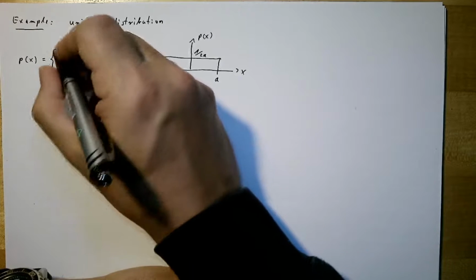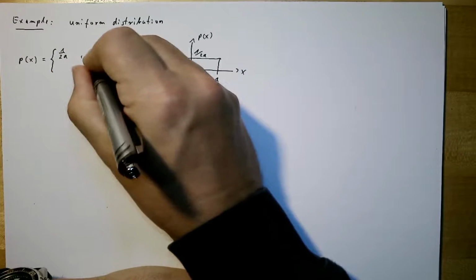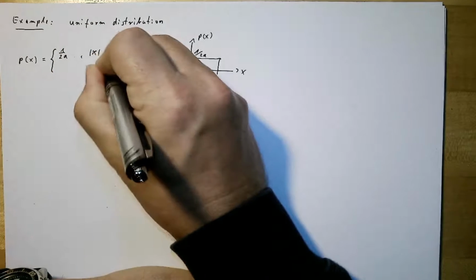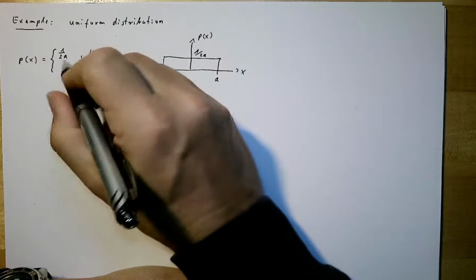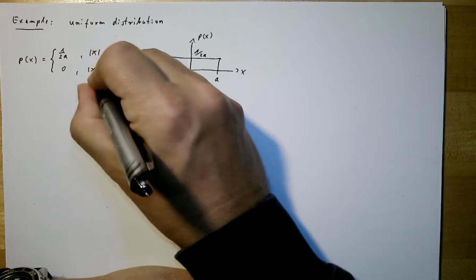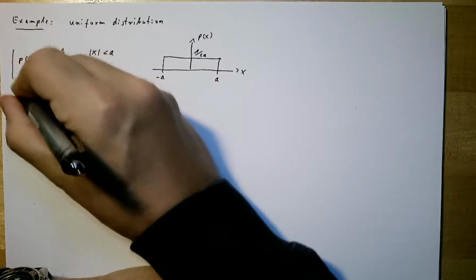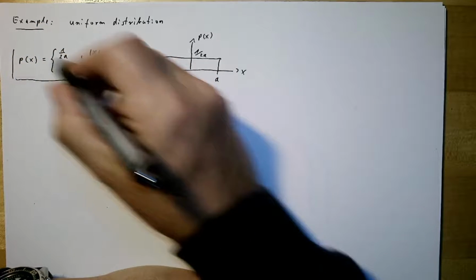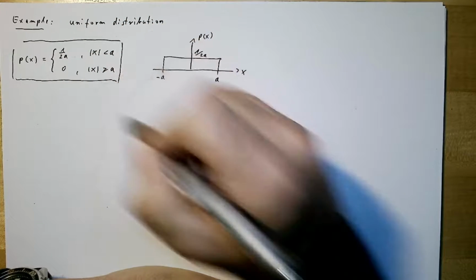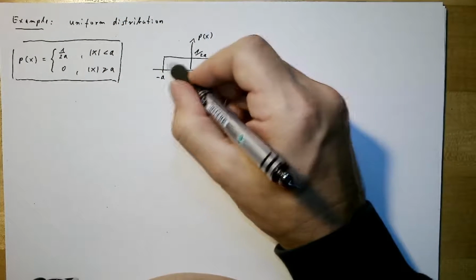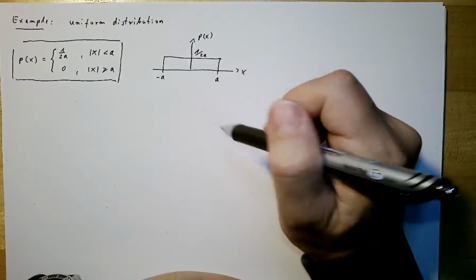And so the probability is 1 over 2a if the absolute value of x is smaller than our constant a, and 0 if x is larger than a. And so that's the uniform distribution.